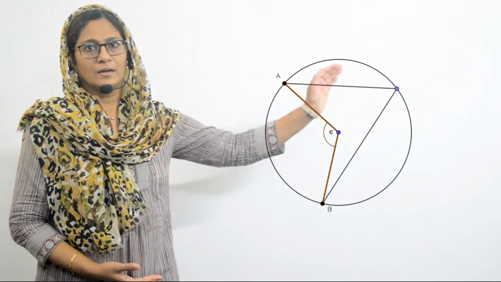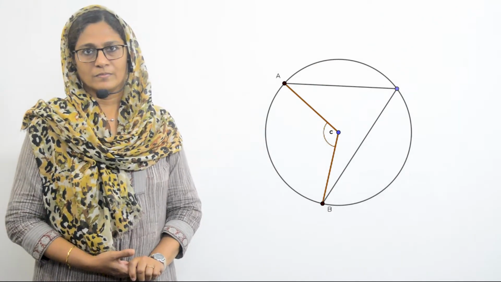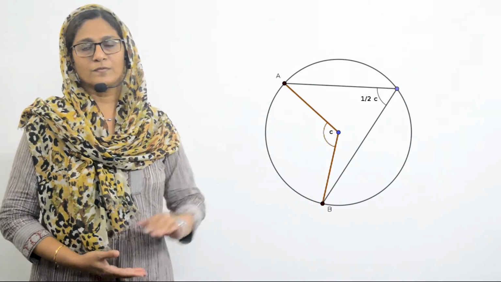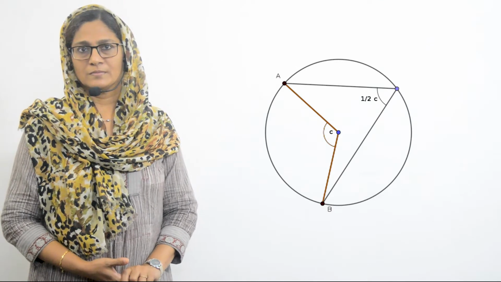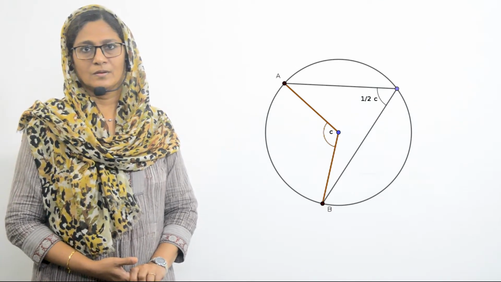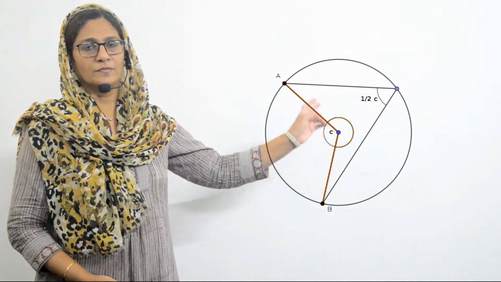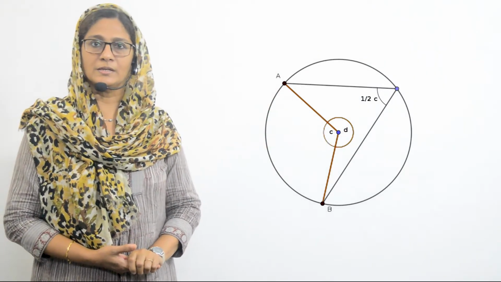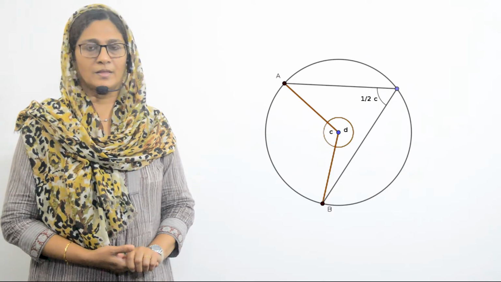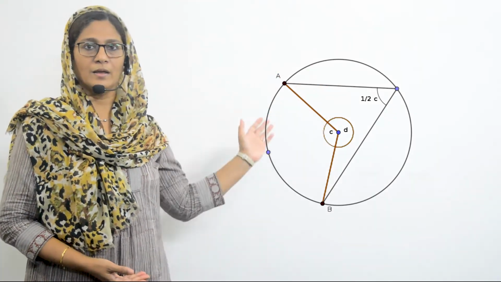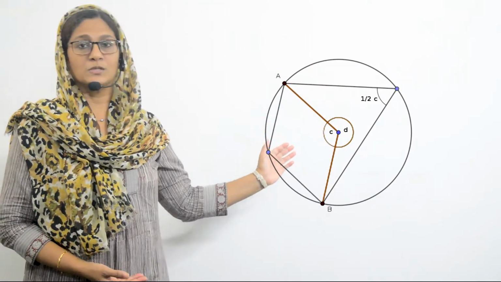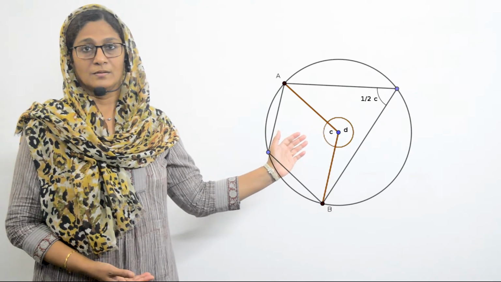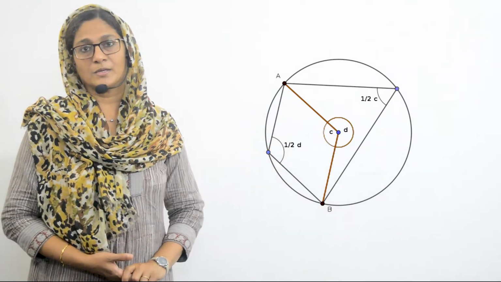Making an angle in the alternate arc, it has a measure of half of c degrees. Let the central angle of the complementary arc be d degrees. Then an angle marked in the arc opposite to that arc will have a measure of d by 2.